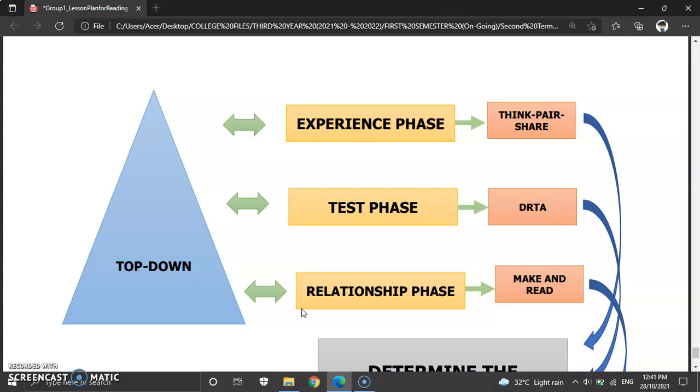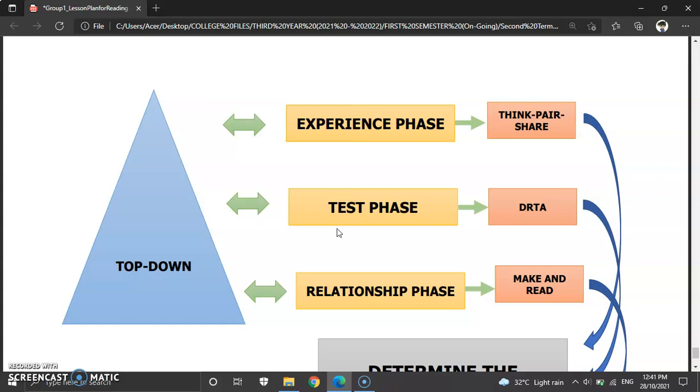Reading is not just extracting meaning from a text, but a process of connecting information in the text with the knowledge that the reader brings to the act of reading. So how will the teacher realize this kind of approach, which taps the experience of the students and derives meaning from the reading material?